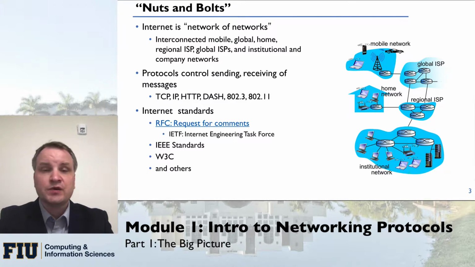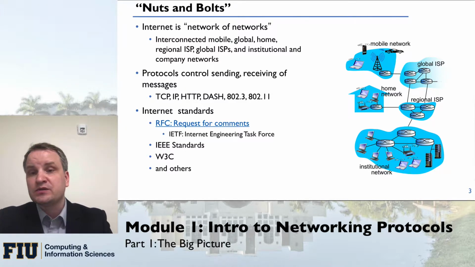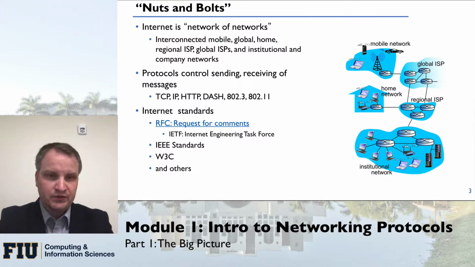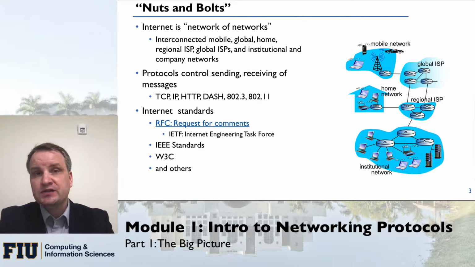As you can see in the picture, they would forward packets from the home network to the institution network and back and forth. The difference between the regional and global ISPs mentioned on this slide is simply their position in the topological space of the whole network. A regional ISP is something close to the consumers, effectively close to the institutional networks.